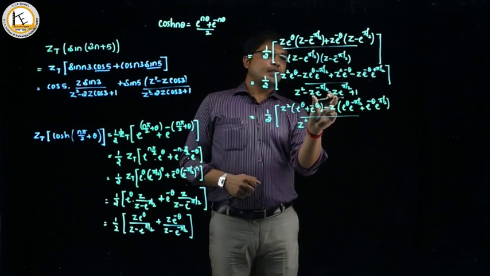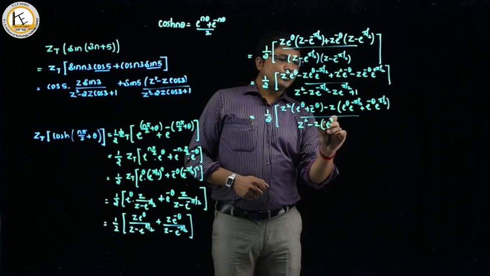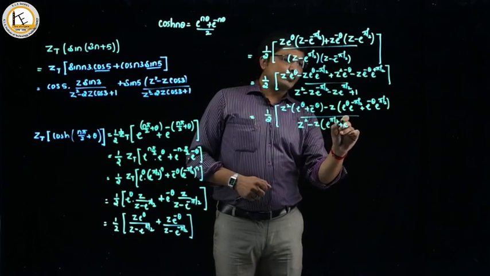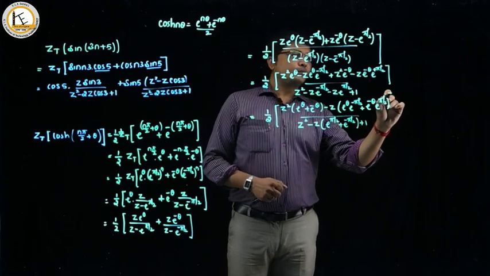So from the second and fourth term we are having minus z common. So remaining is e raised to iθ plus e raised to minus iθ plus 1.